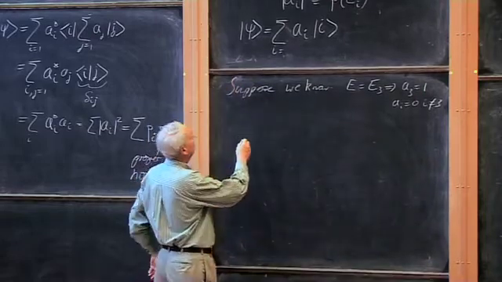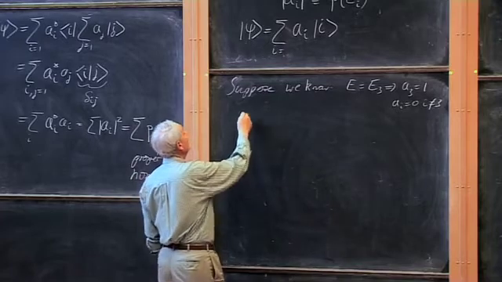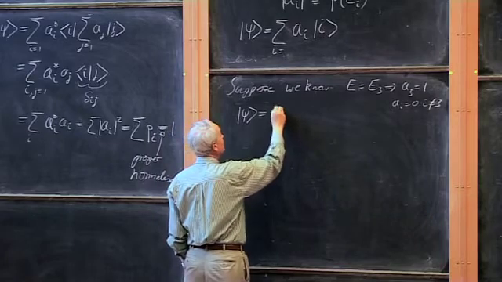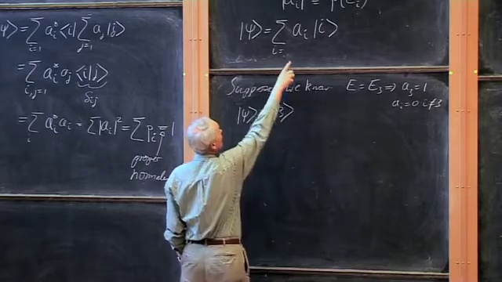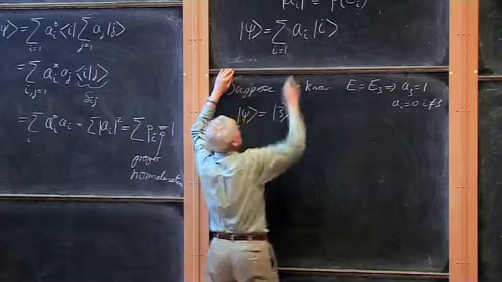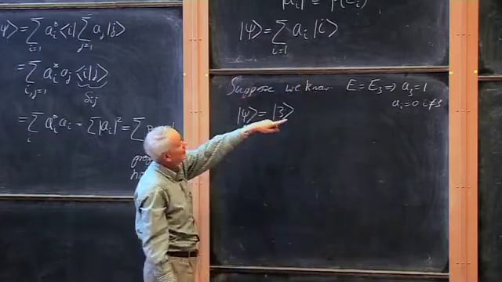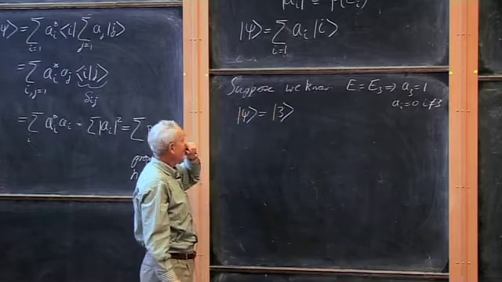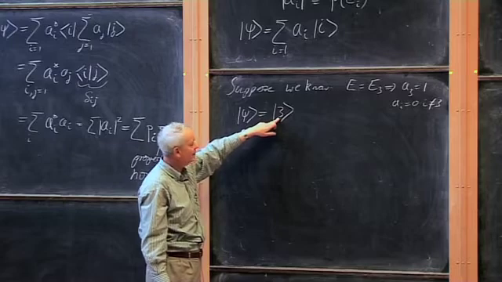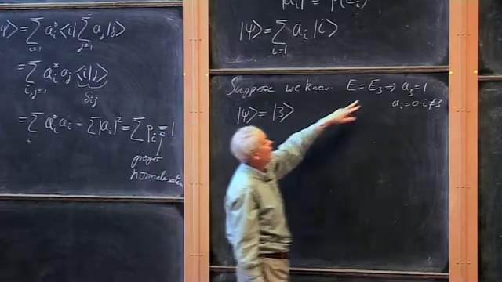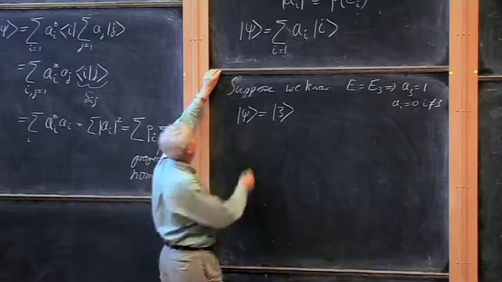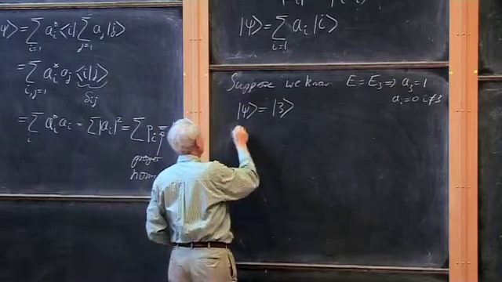And what does that mean? That means that psi, the state of our system, is actually equal to |3>, because in this sum, there's only going to be one non-vanishing term, and that will be A_3, namely 1 times |3>. So that tells us that this state |3> is actually the state of definitely having energy E_3, and similarly for all the other ones.